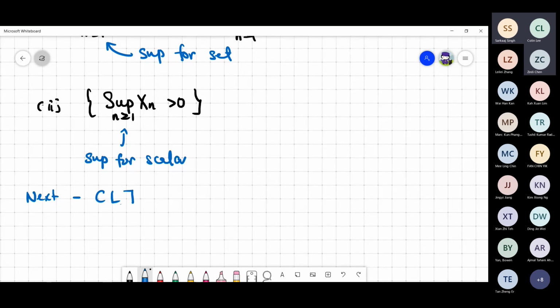Sorry, can I have a short question? On the definition of a simple random variable, they say the Ai events constitute a partition. So does that mean they are disjoint?